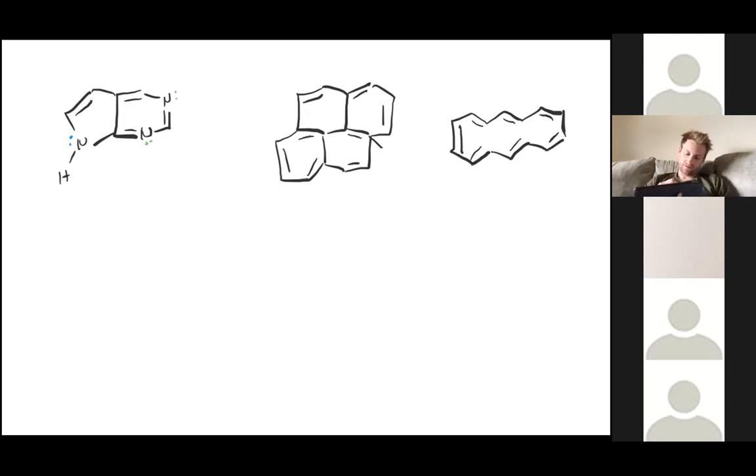That's one set of lone pairs, and then we've got 1, 2, 3, 4 double bonds, giving us a total of 10 pi electrons. Ooh, we lost our chart down at the bottom. Ten falls into our aromatic. Do these all fall into our aromatic category? That might all be aromatic. This falls into our aromatic category.